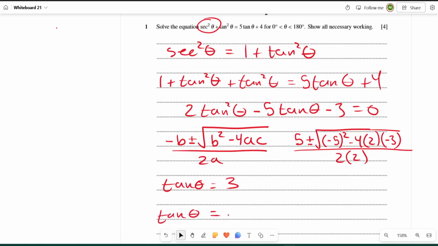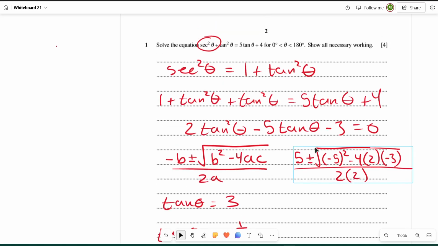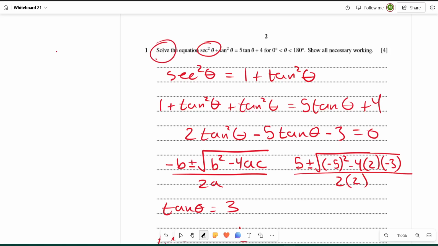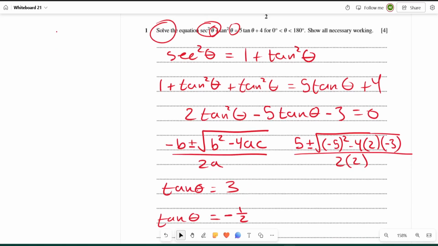And the second answer, when I replace this middle plus with a minus, is tan theta equals negative 1 over 2. The question wants me to solve the equation. Solving means getting theta, not tan theta. So I still have to solve these two equations, keeping in mind this range over here.